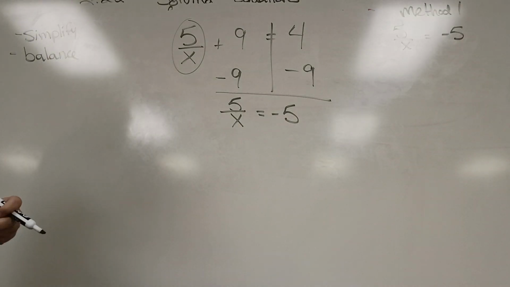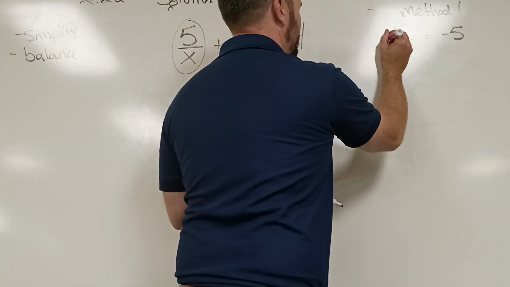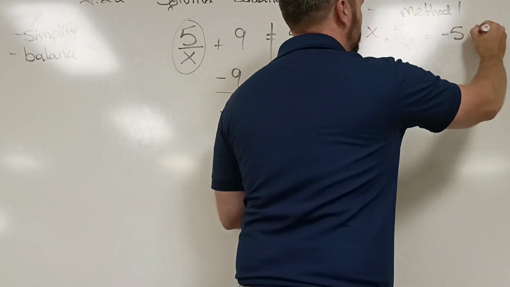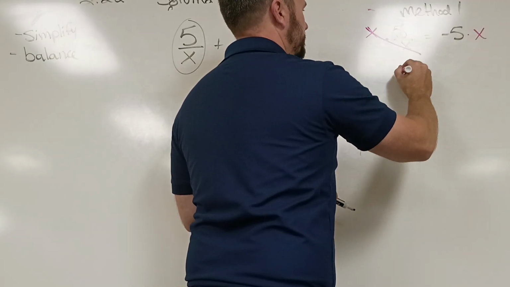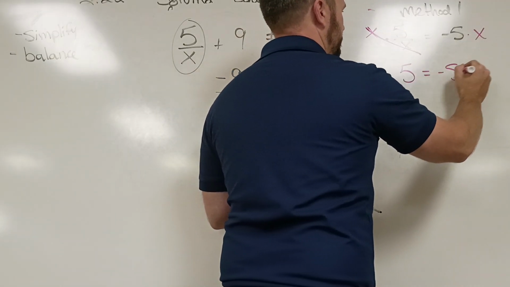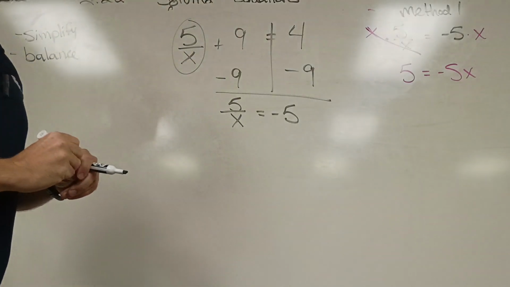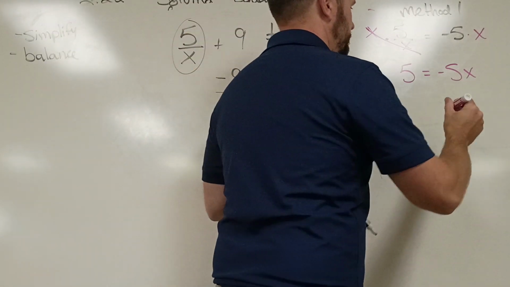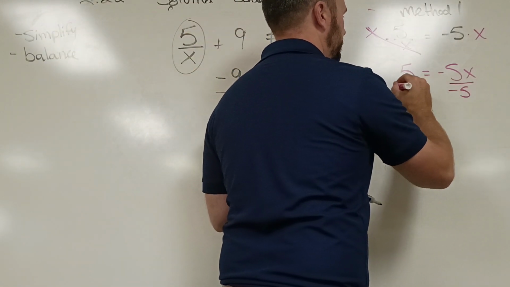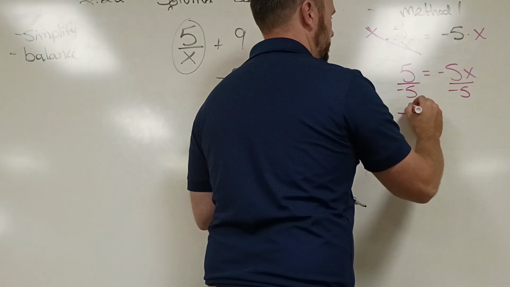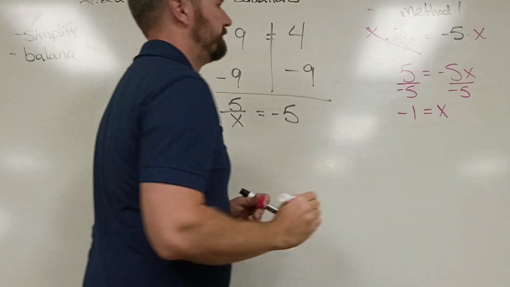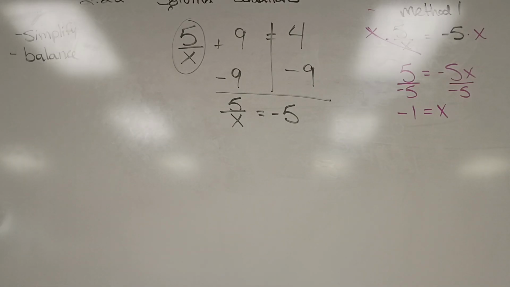What can I do to both sides? Yeah, exactly. Thank you. Multiply both sides by x, right? Multiply by x, and then you just divide by -5. That's not too bad, right?